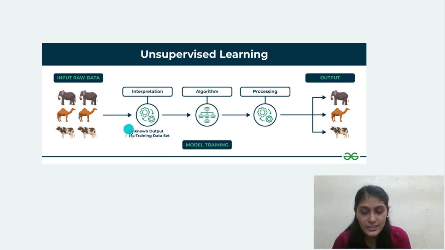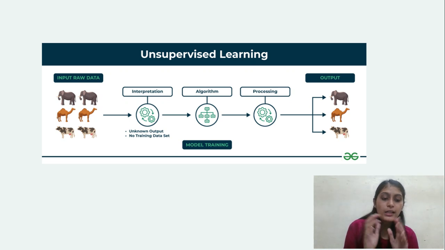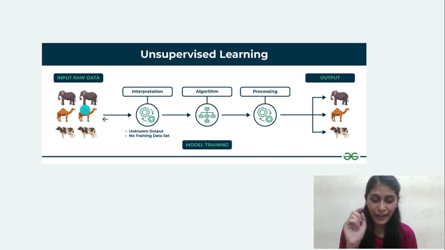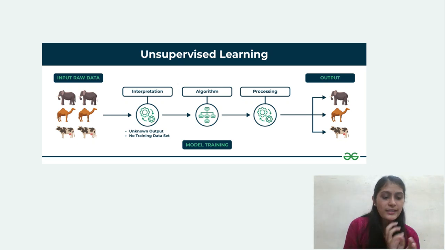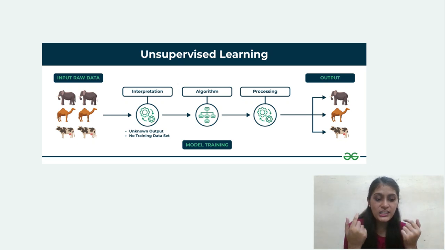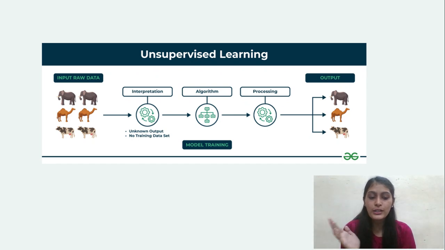Then the interpretation of the unknown data is done, the algorithm works and the processing is done. In the output, it is not going to give the name of the animal as elephant or camel. Instead it will cluster the many images of different animals, forming a cluster of elephants, a cluster of camels and a cluster of cows based on their appearance and features. It differentiates and forms groups.